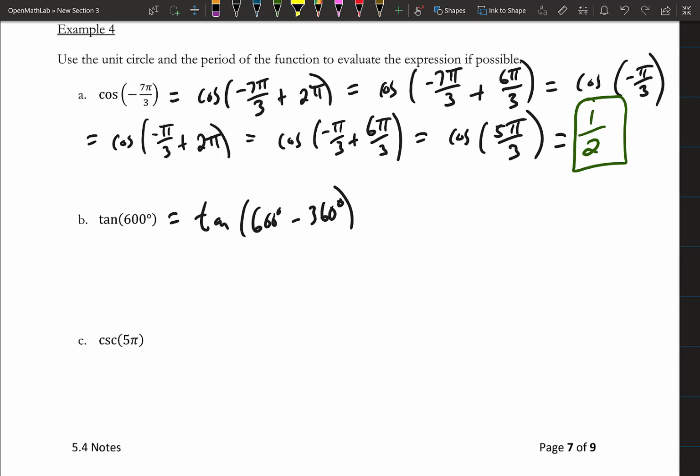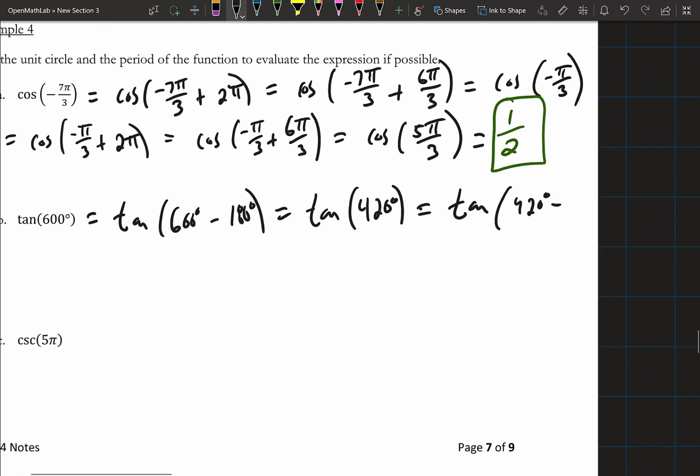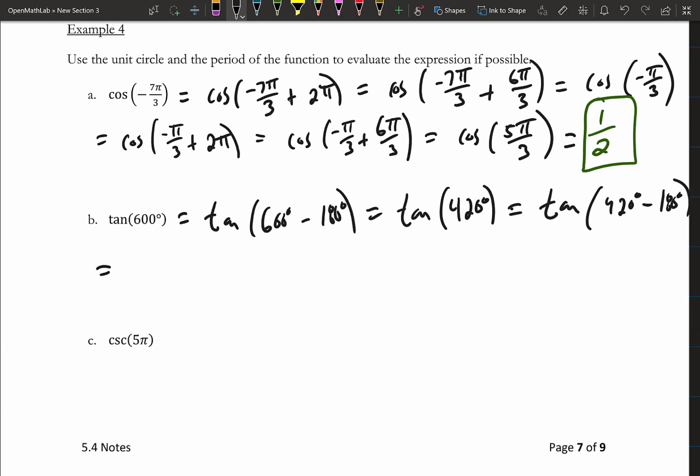So if you wanted to write it out, we would write 180 degrees, remove one period, which will give me tangent of 420 degrees, and then I could subtract off. So this would be the same thing as tangent of 420 degrees minus 180 degrees, which is equal to tangent of 240 degrees.